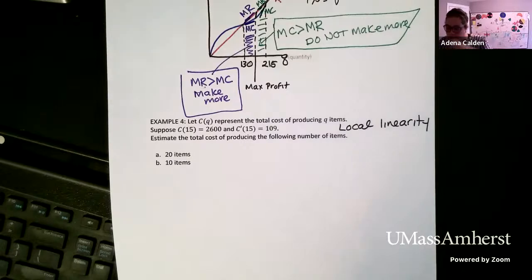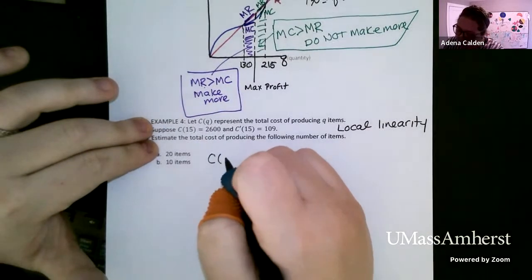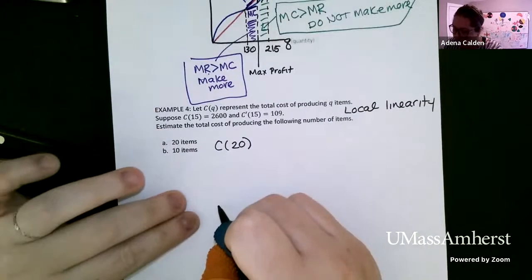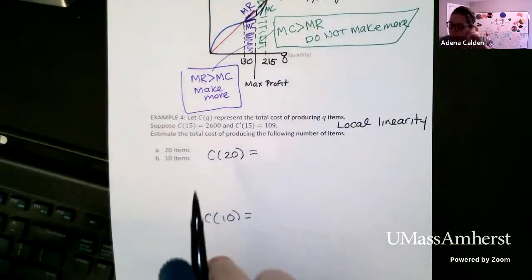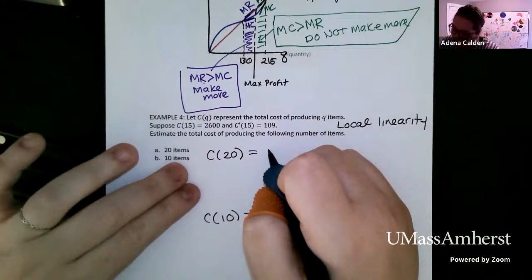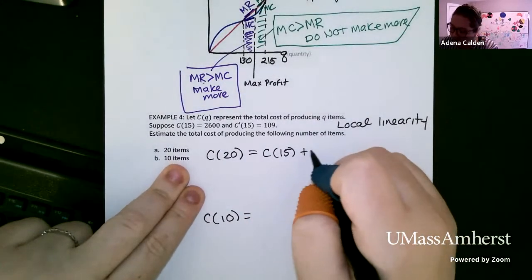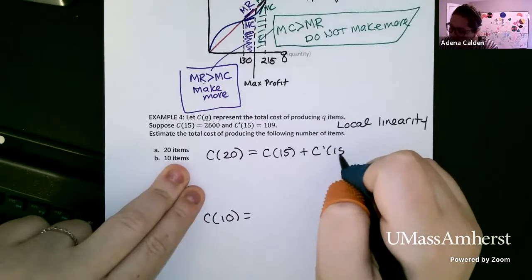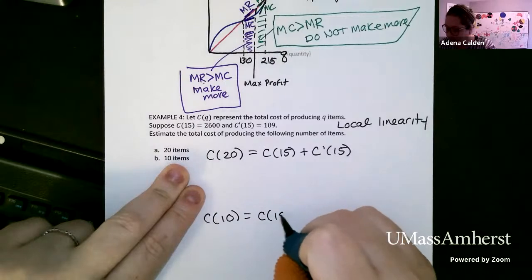Okay, so remember, with local linearity, we are trying to approximate something we don't know, which is C of 20 and C of 10, by using information at a point and the derivative at that point. So to approximate this, we're going to take what we know about the cost to produce 15 and the rate at which we are changing, the marginal cost, for both of these.